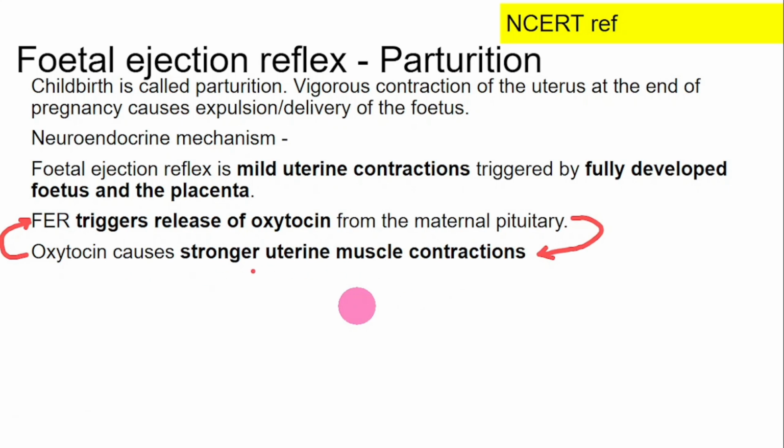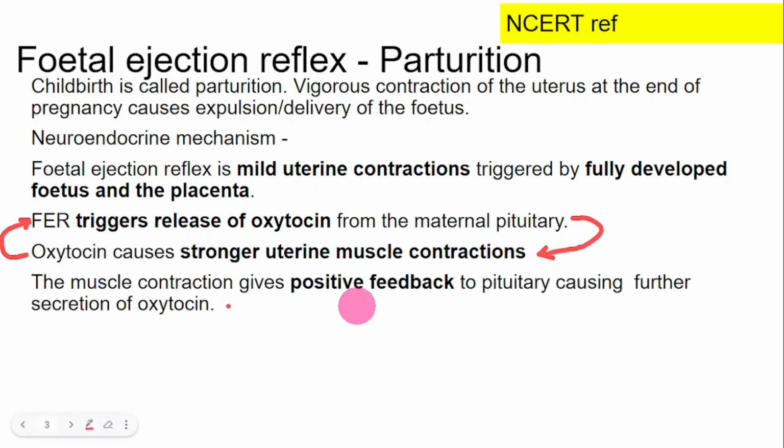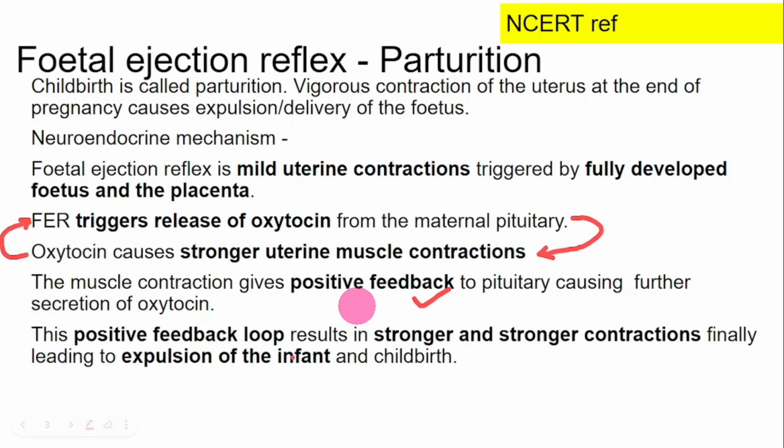So this goes on and on. The muscle contraction gives positive feedback to the pituitary, causing further secretion of oxytocin. And this positive feedback loop results in stronger and stronger contractions, finally leading to expulsion of the infant and therefore childbirth. So, this is all you have to remember regarding parturition.